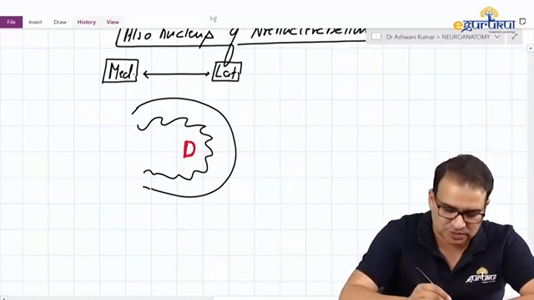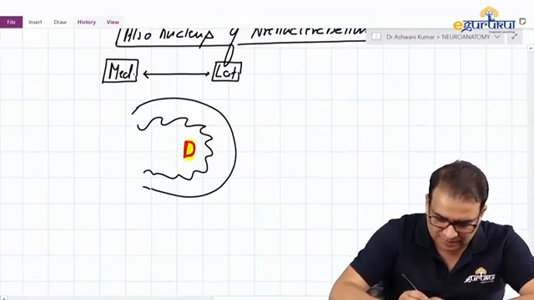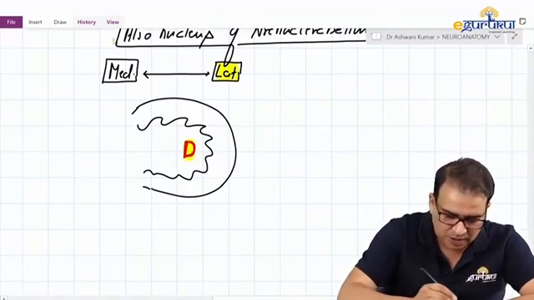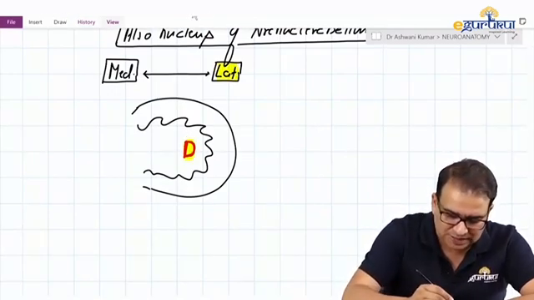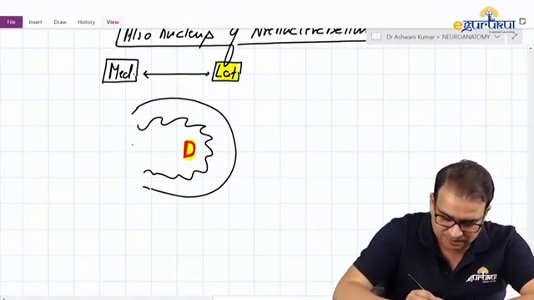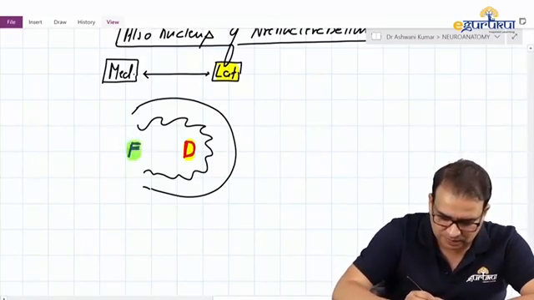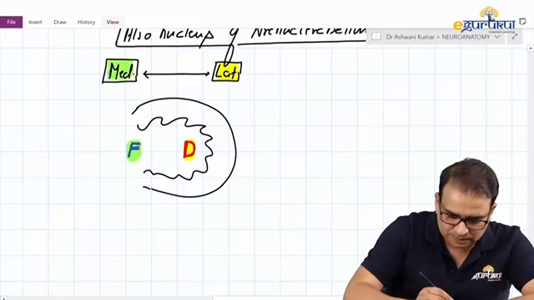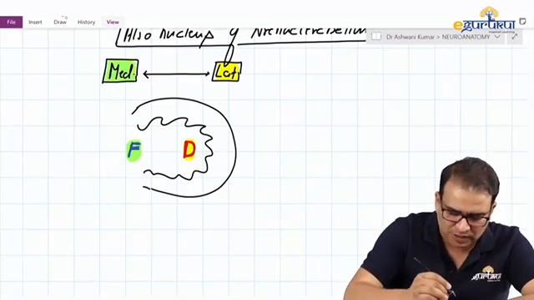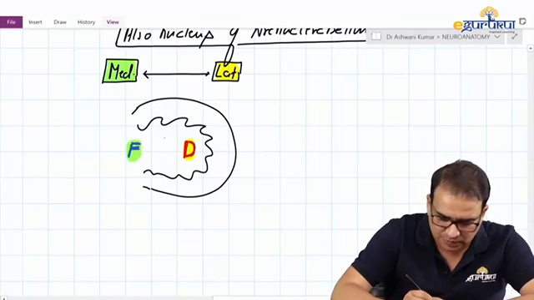That was a question asked once. The most medially placed nucleus is fastigial. And the remaining two nuclei are present below, in between, that is G and E, globose and emboliform.